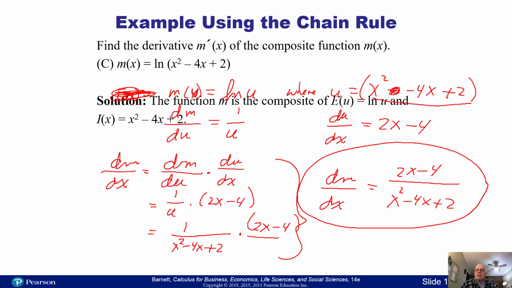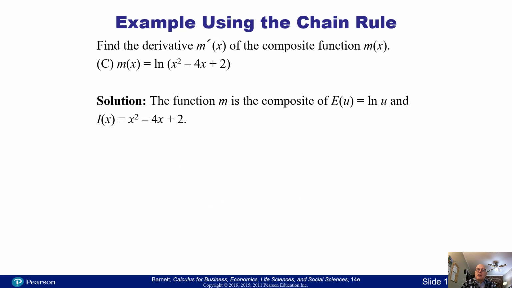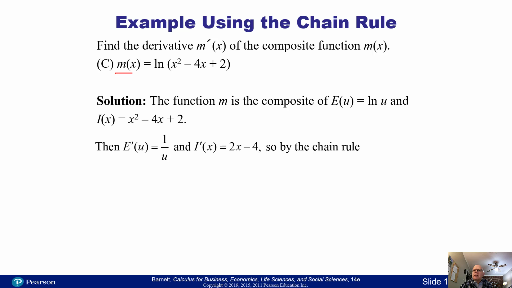Let me get rid of this inking for you. Erase the ink. There's using I of x for the internal one. We call that u. So we've got the external one is natural log of u.